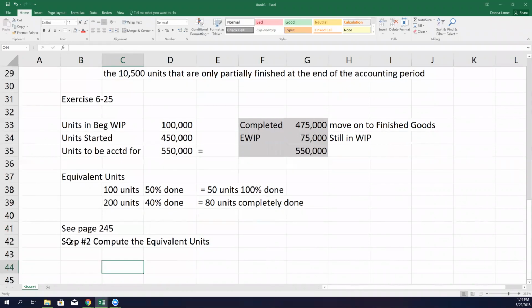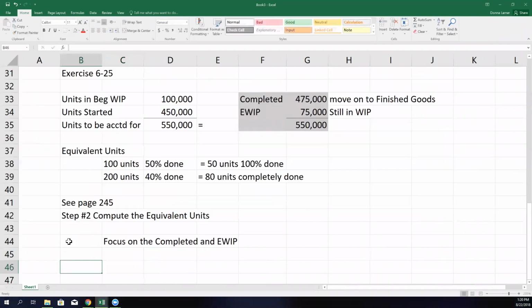When you do it, you're going to focus on the completed and ending work in process. So you're going to take the number of completed units and their percentage done, and you're going to come up with their equivalent units.